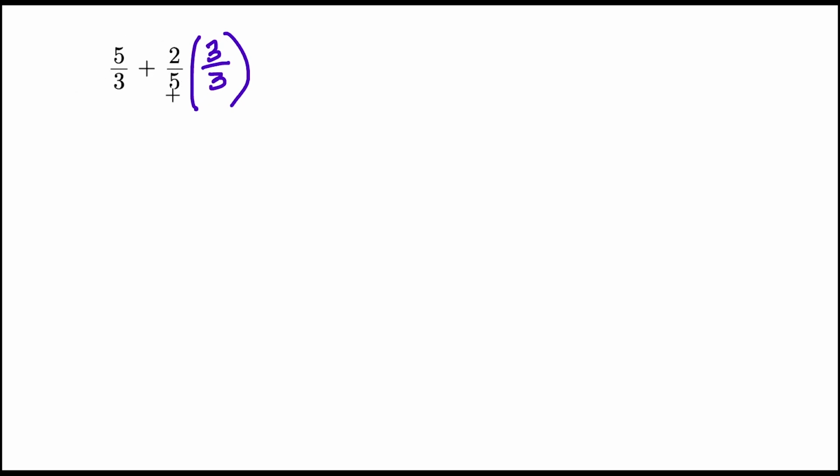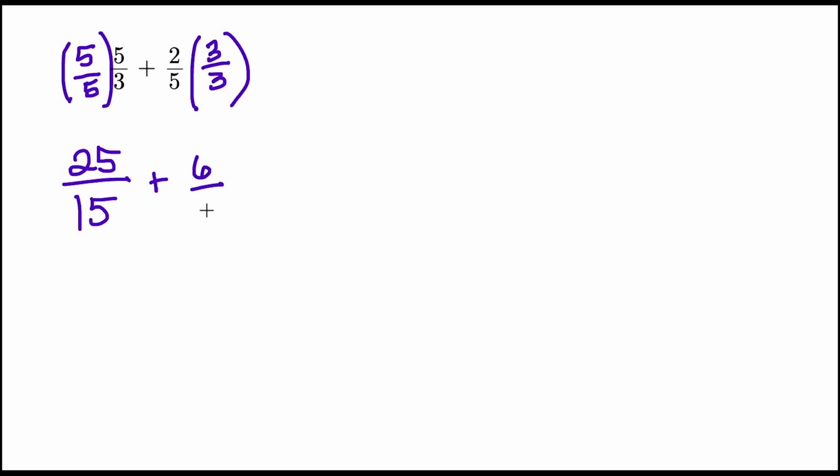So vice versa, over here, I'm going to multiply my first fraction by 5 over 5. So here we do 5 times 5, 25 over 5 times 3, which is 15. On the right, 2 times 3 is 6, and 5 times 3 is 15.